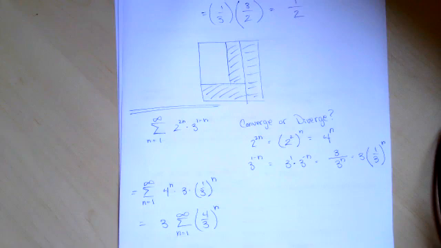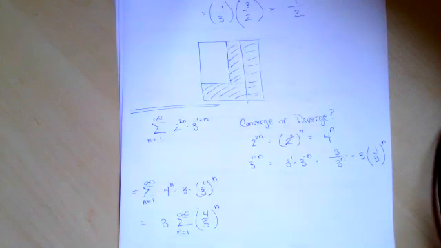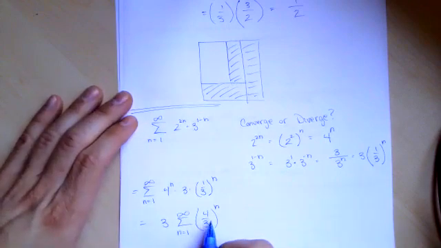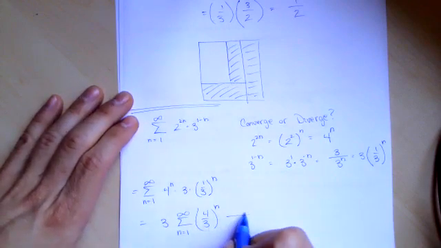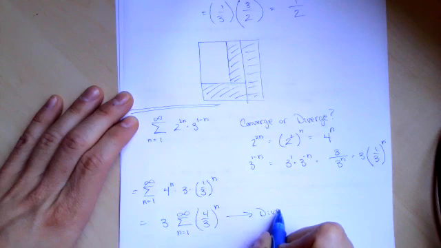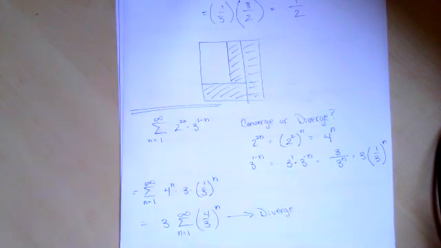So we have 3 times the sum of (4/3)^n, and now we see the ratio is 4/3. It'll diverge. You could say by the divergence test, because the individual terms are going to infinity, or you could say by our geometric series test, since our ratio is bigger than 1. Any questions?